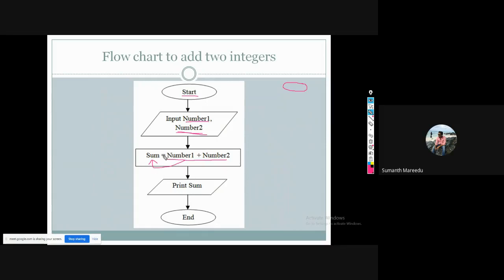This step is processing. You are performing the addition operation. So that is one, processing. Number one plus number two, and you are storing the result. So any process statement can be represented with a rectangle.